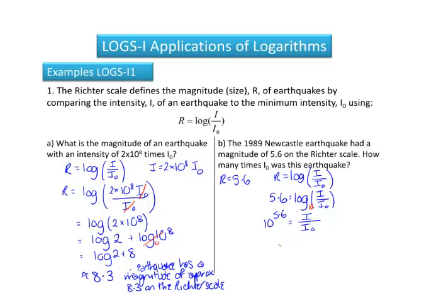It's asking me what I is in terms of I0. So I want to get this I on its own, so I multiply both sides by I base 0.